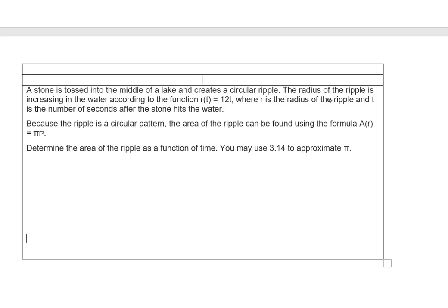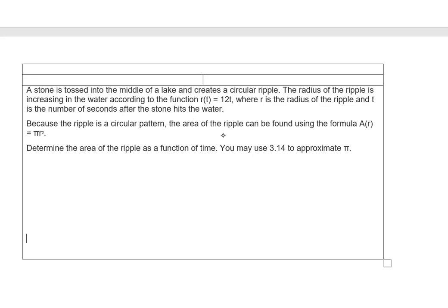R represents the radius, and T is the number of seconds after the stone hits the water. Now we know that our radius based on a specific time is 12 times T.